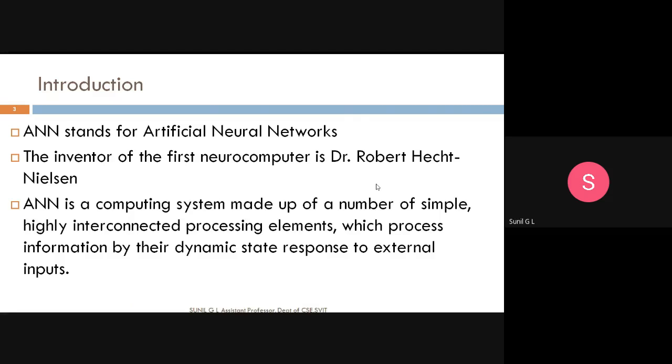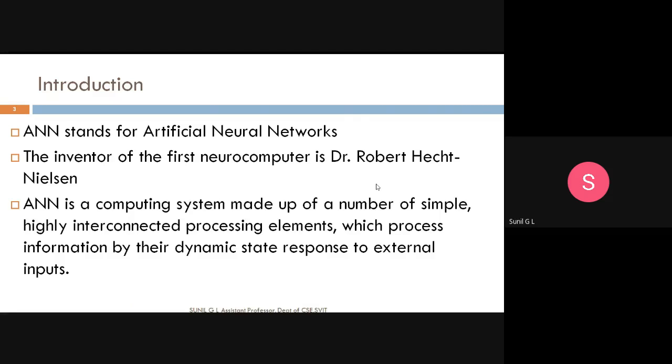The ANN is a computing system made up of a number of simple, highly interconnected processing elements, which process information by their dynamic state response to external inputs.